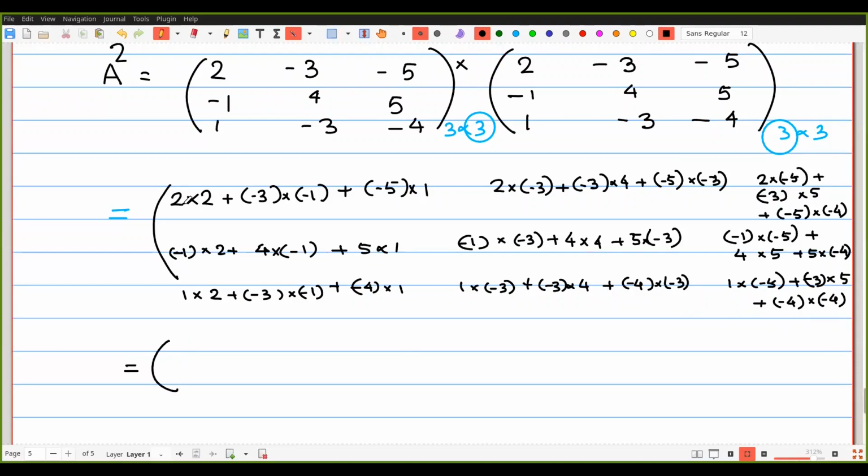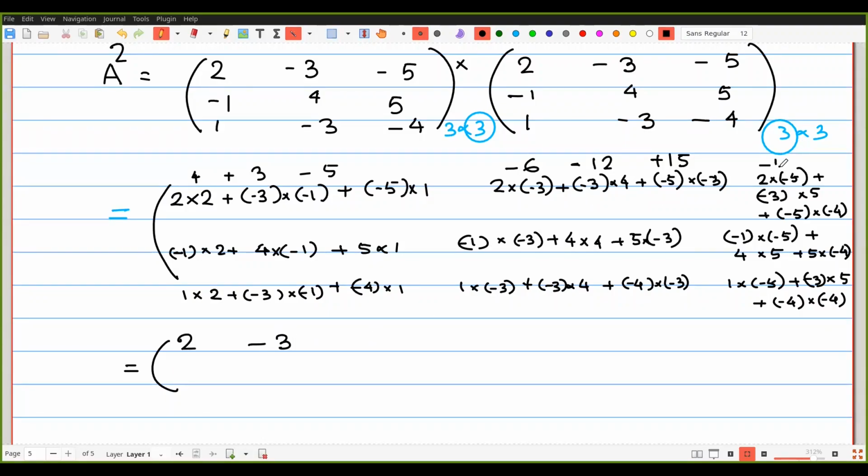So that is 2 into 2, 4, plus -3 into -1, that means 3, so 4 plus 3 is 7, minus 5, that is 2. Then -6, minus 12, plus 15. So 15 minus 18, that is -3.